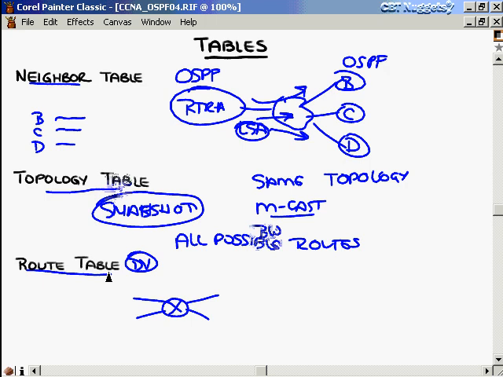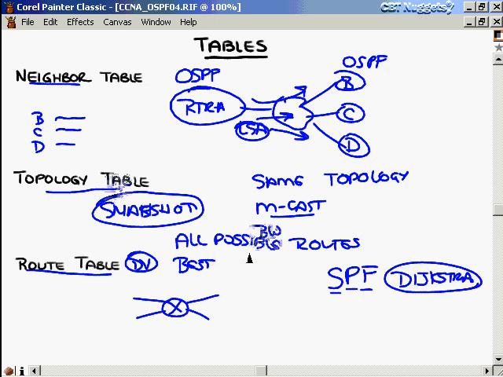So what happens is we take this topology database, and we run an algorithm on it. It's called the SPF algorithm. What a coincidence, right? Shortest path first algorithm. Another name it's known by is the Dijkstra algorithm. So if you hear either one, it's exactly the same thing. Essentially, they're going to take all these possible routes and come up with the best route.